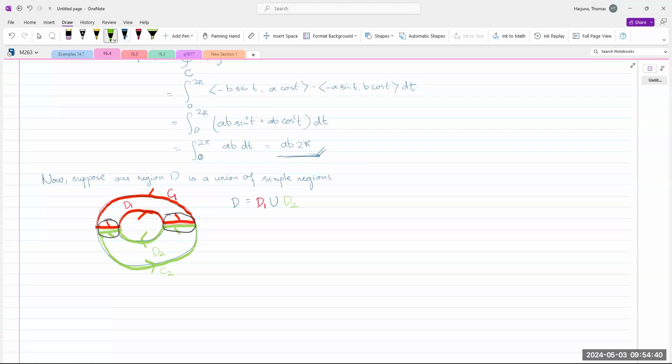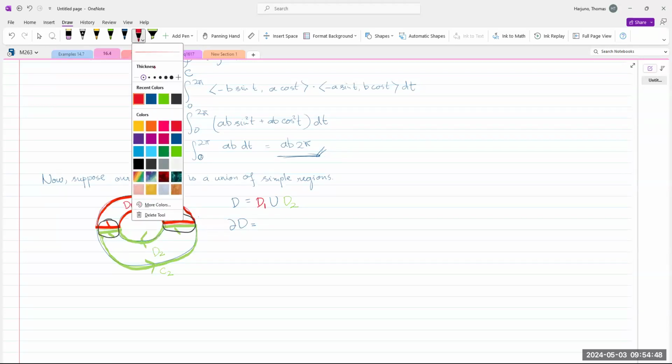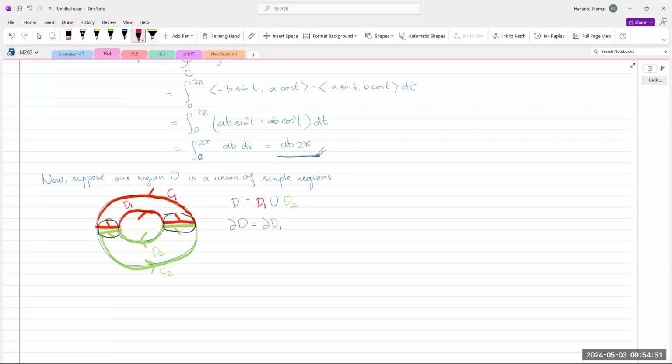Therefore the boundary of D is now equal to the boundary of region D1 union the boundary of region D2.